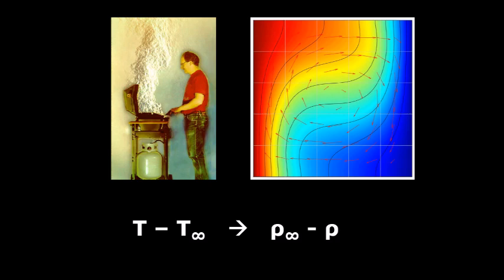Because you have this massive temperature gradient, that driving force automatically induces a change in the air density. The air closer to the grill is at a much higher temperature, and therefore it's going to have a much lower density.